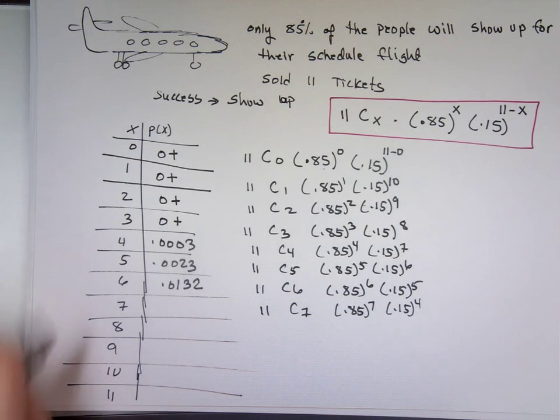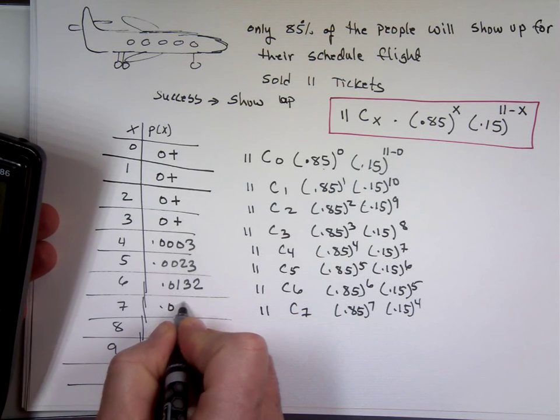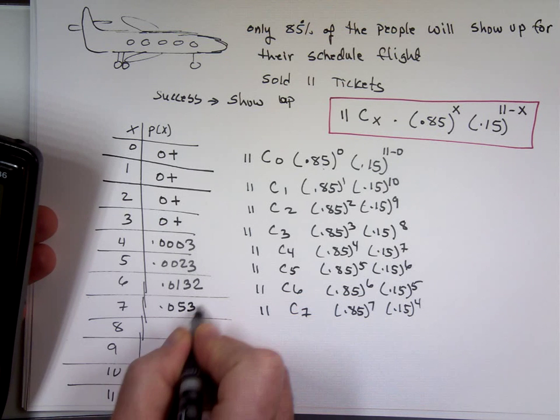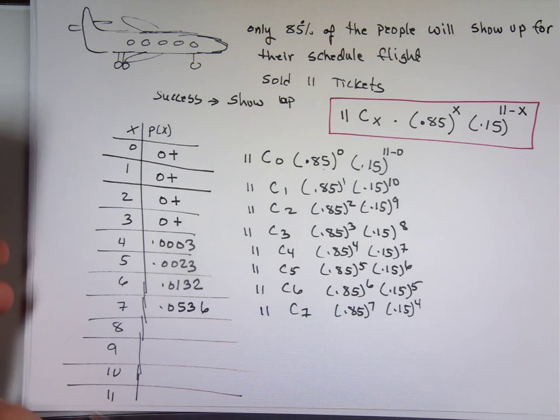So the next one, 7, gives 0.0536. I'll do the 8 without having to write it down. Same idea.